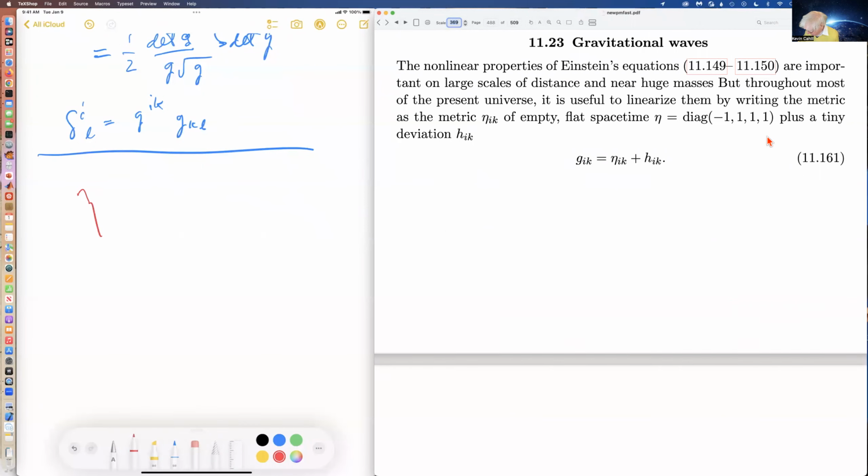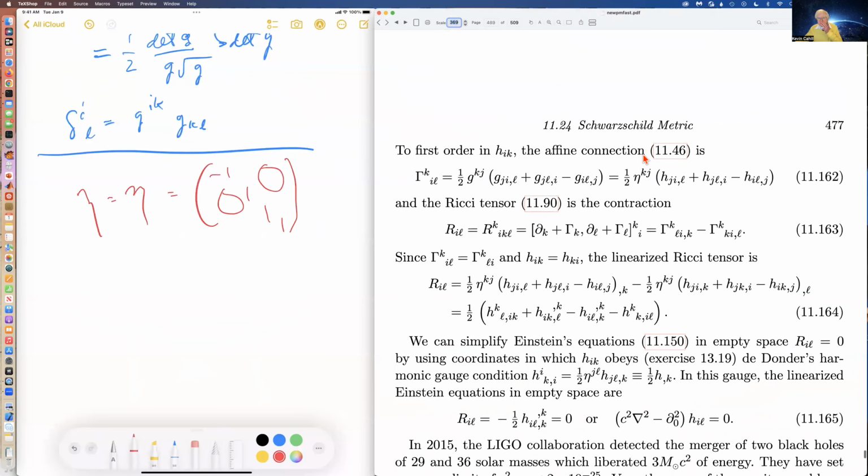Eta, well, let me write it there. Eta is -1, 1, 1, 1, and zeros everywhere else. This is the metric of flat space-time. And so the actual metric is eta, the metric of special relativity, plus a tiny fluctuation due to gravity.